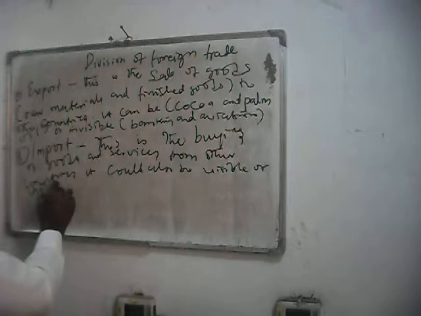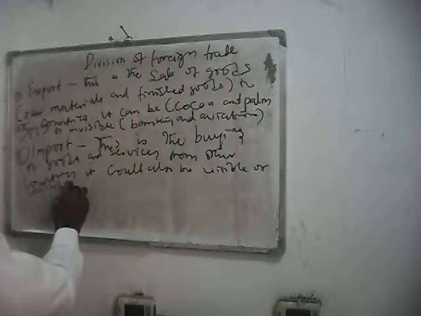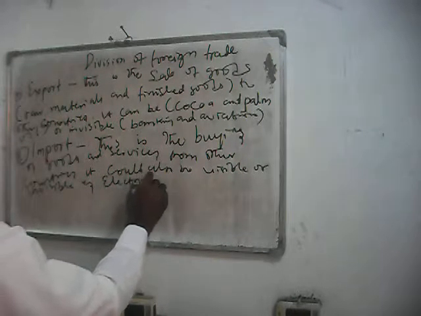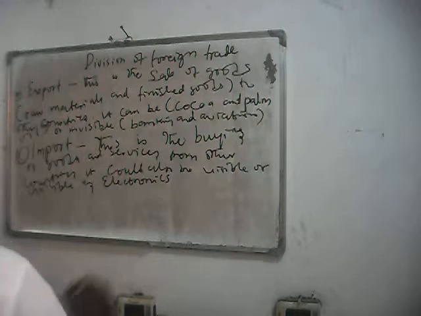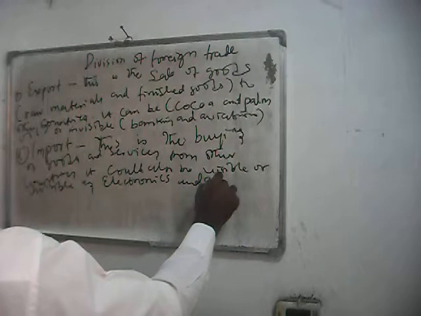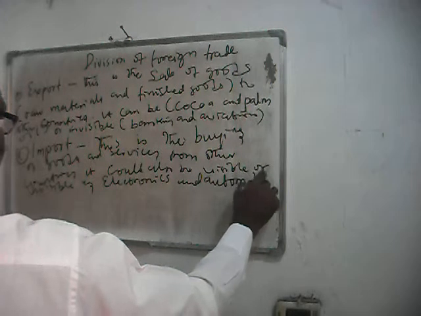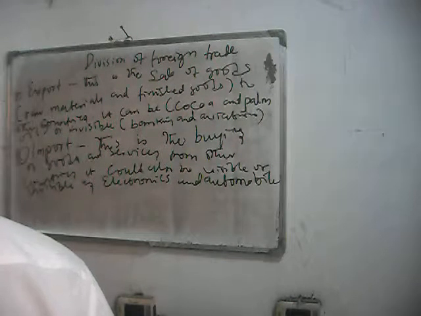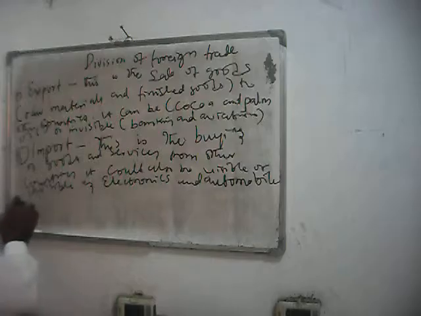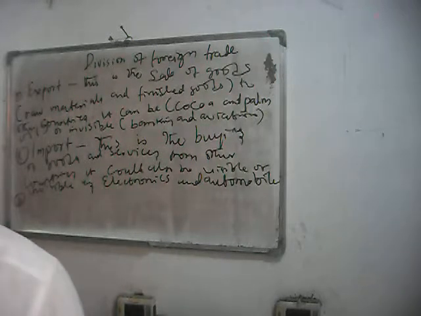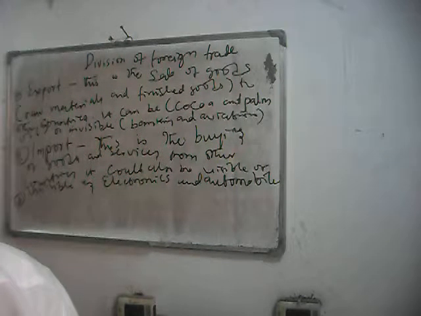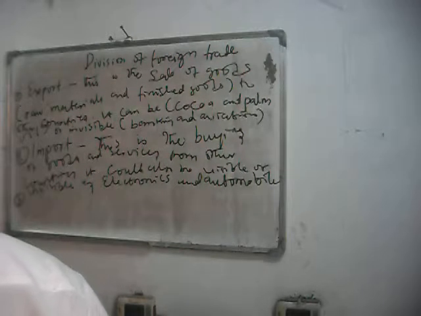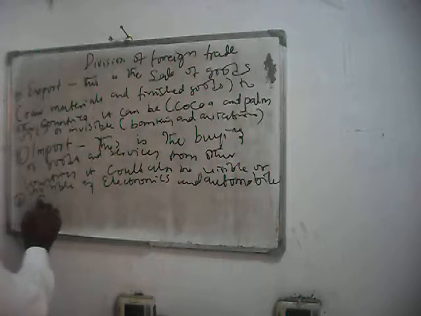Who can give me an example of visible goods that we buy from other countries? Cars and electronics are the major ones we buy. Cars are known as automobiles. They are the major things we buy from other countries. There are also invisible things like intelligence and other services that the US helps us with, because they have it better than us.